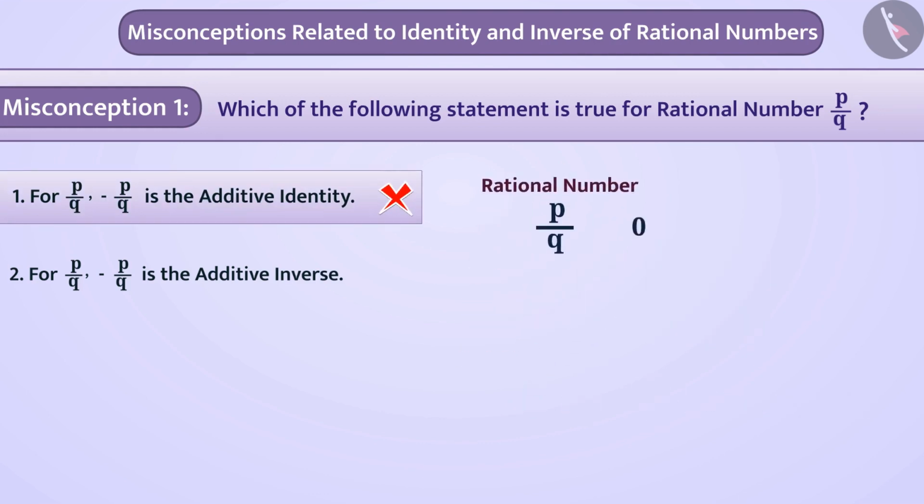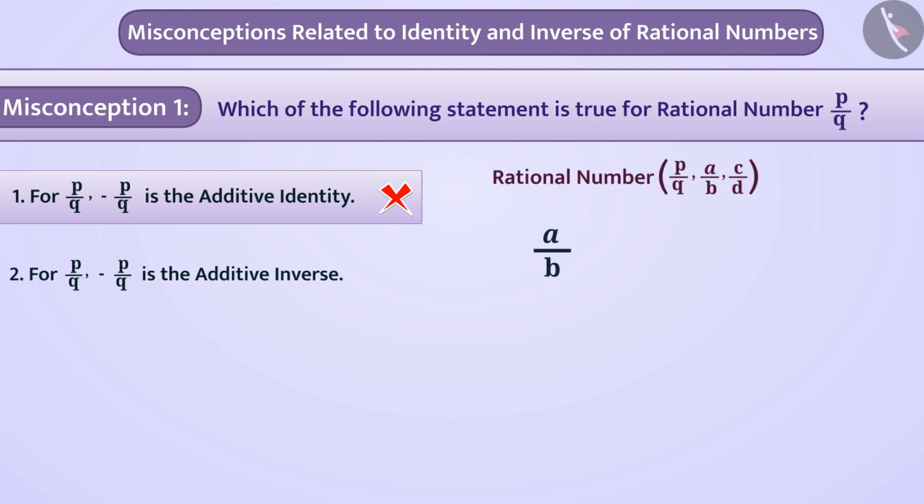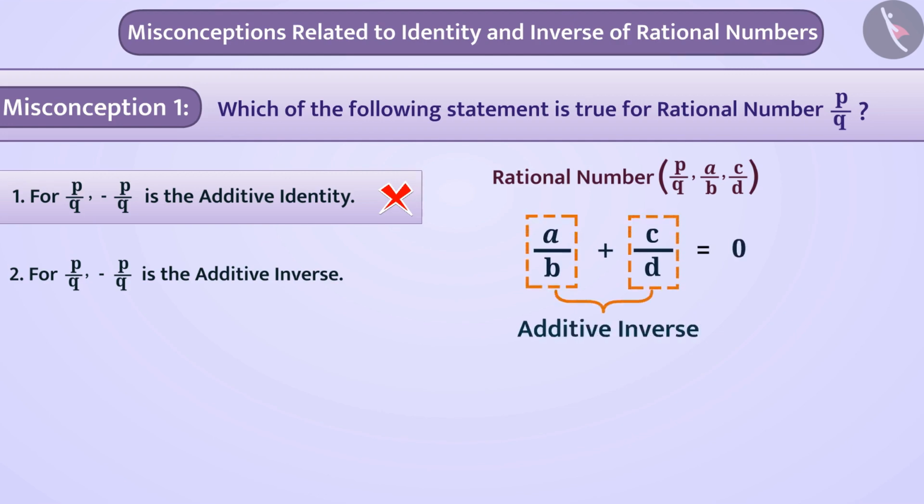Remember that 0 is additive identity for rational number because addition of 0 to any rational number makes no change in the value of rational number, means its identity is not changed. Similarly, if addition of any rational number a by b with rational number c by d is 0, then a by b and c by d are called additive inverse of each other.